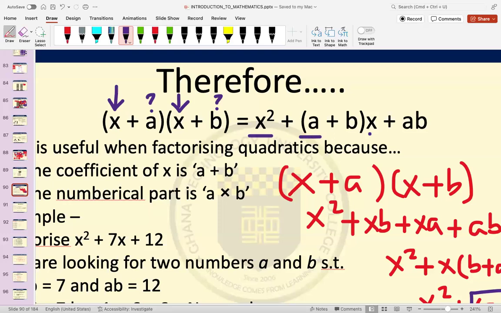First term, second term, third term. The 3 terms you are going to generate, this is what normally happens. This x here and this x here.